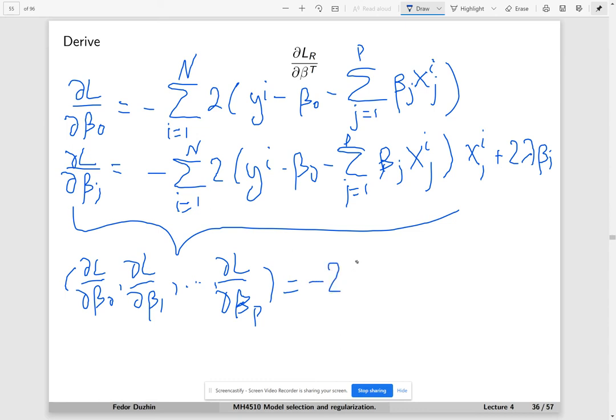So minus 2 times X, where X is the whole matrix of our training data, X transposed times y, our observed outcome y, minus X beta, plus 2 lambda beta, well, this one without beta 0.